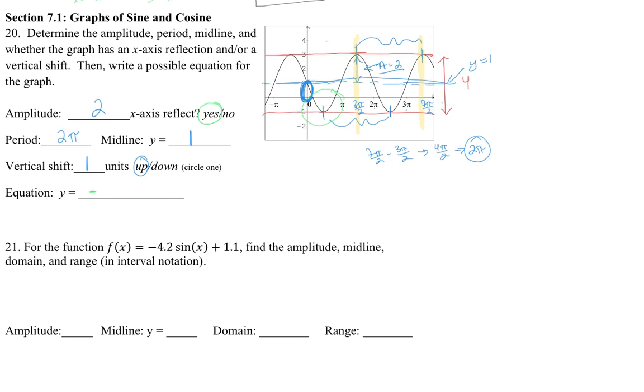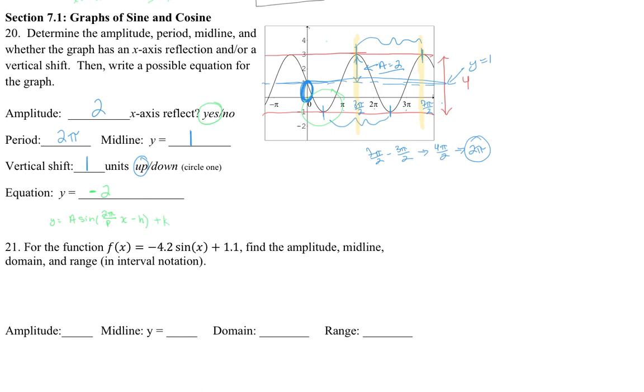So normally that would be y is equal to a sine of 2 pi divided by our period, x, plus h if there's a horizontal shift, plus k if there's a vertical shift, right?